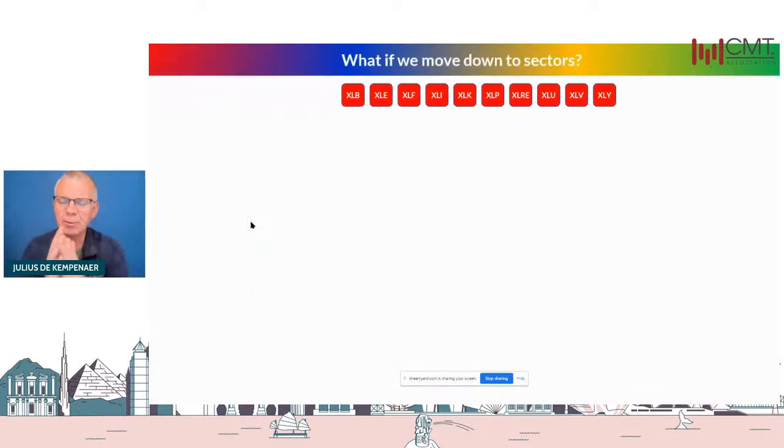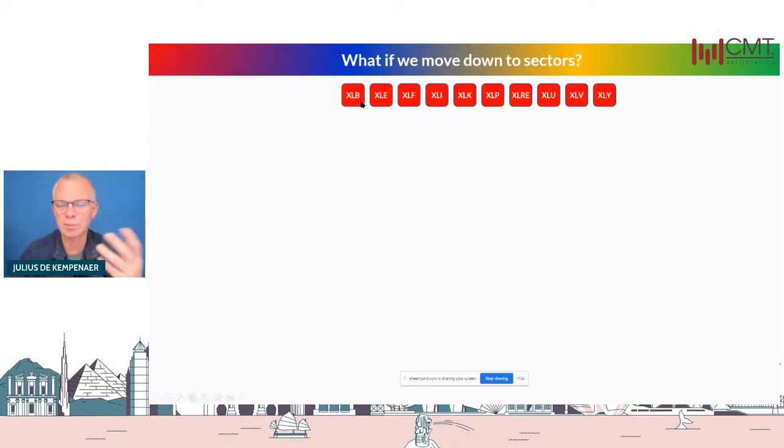Now, if we go down to sectors in our decision tree, this chart uses the American sectors because it took quite some time to put it together, and it's a ton of work to change all these ticker symbols, but you will understand what I mean later on. This has 10 sectors.